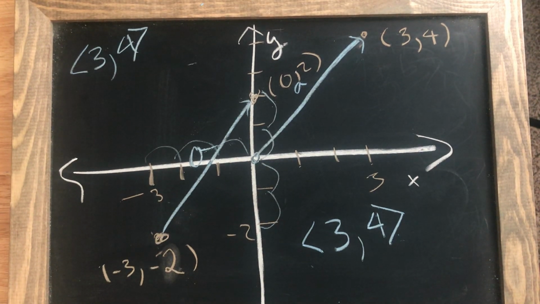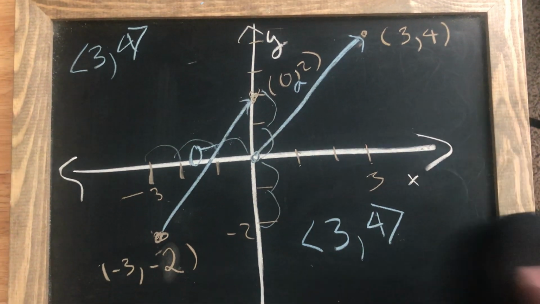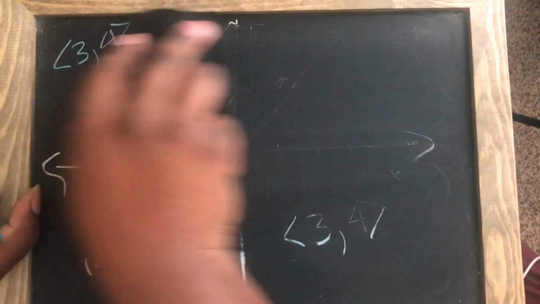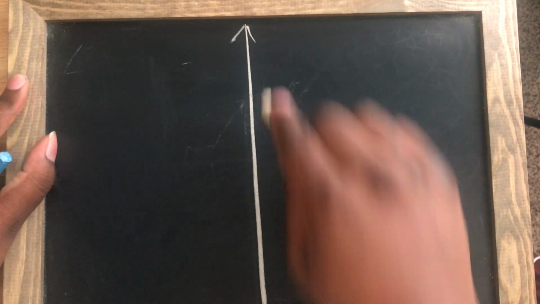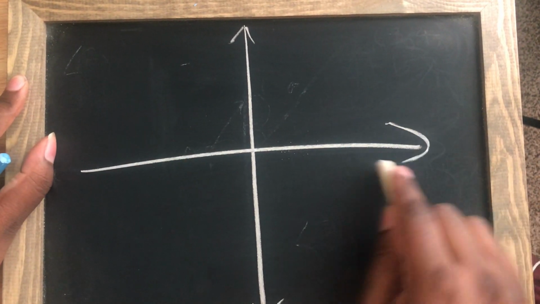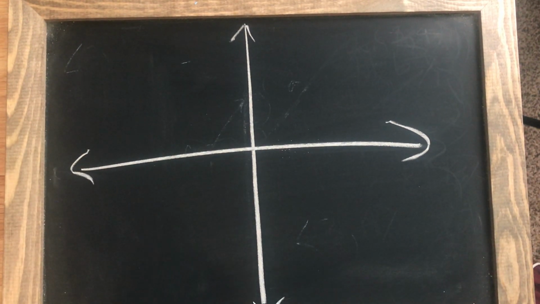All right, now that we've talked about that, let's talk about the magnitude of vectors. Let's look at the same vector ⟨3, 4⟩.